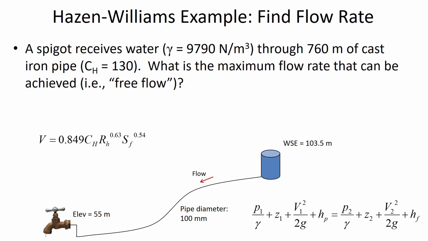But now in this next case where it's free flow, like if this valve is all the way open, then the energy grade line would go straight from the water surface down to just slightly above the water surface after the valve. So depending on how we open or close the valve, that either will introduce a local loss or eliminate it.